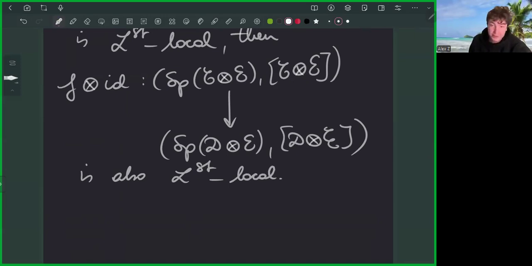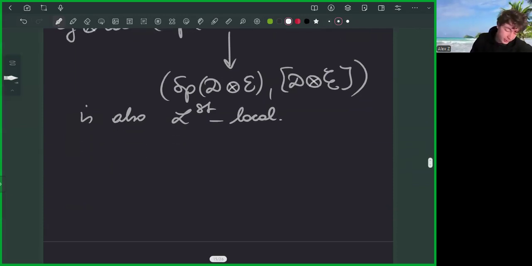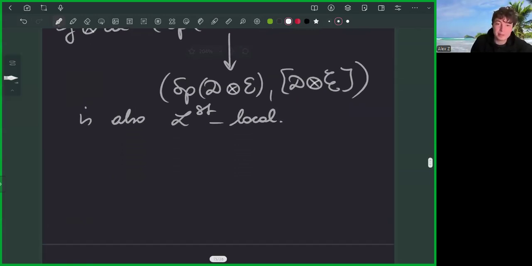Compatibility of a left adjoint with the symmetric monoidal structure is just saying, you take a morphism that is LST local, so that is local with respect to this left adjoint localization, and then you tensor by some object, in this case SPE, the equivalence class of E. And if this tensoring still preserves the LST locality, then your left adjoint is compatible with the symmetric monoidal structure. That is stability under tensor products.